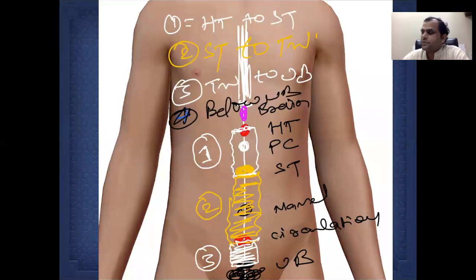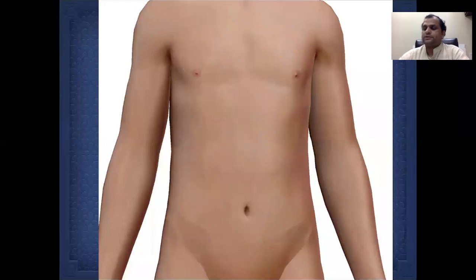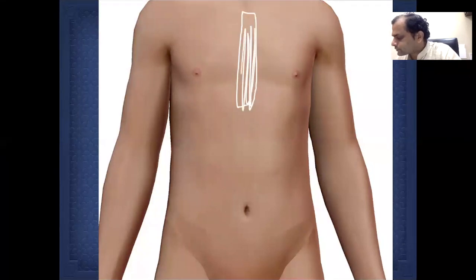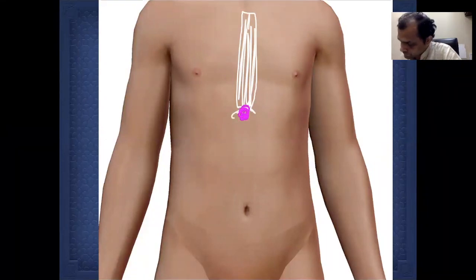So we'll make the same image again. Now we are making the same image here. This is the sternum bone, brain. Now this is the heart till the stomach. This is area number 1.